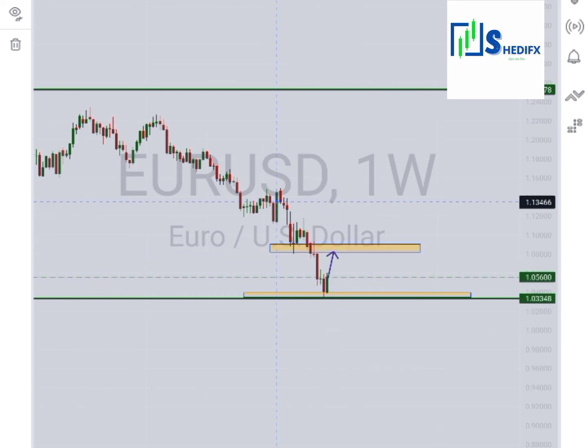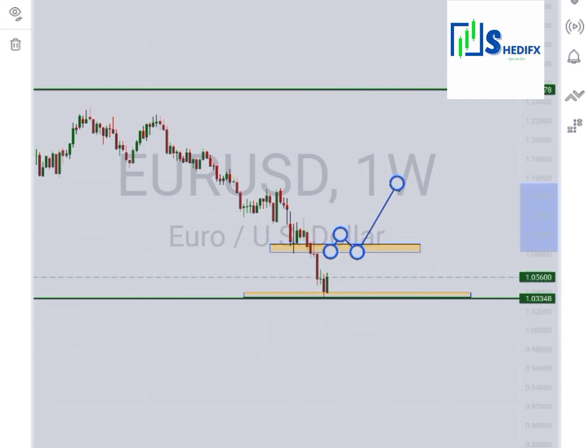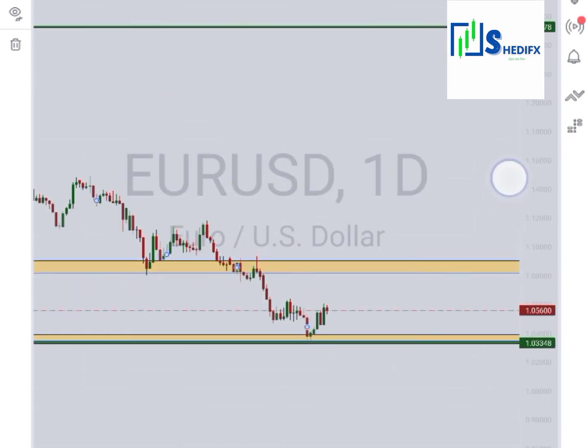So it's only on that area now that we can say that the market might break out, then we have a continuation, or the market might react from this area and then fall back inside. So we don't know yet, but then we just have to deal with what we have for the week, because no matter what, it's going to take time before the market is going to complete that pattern.